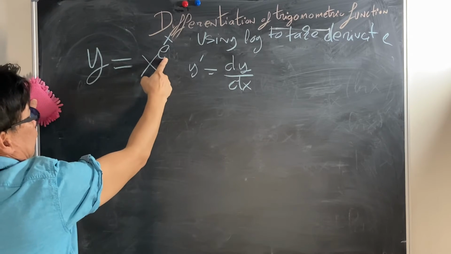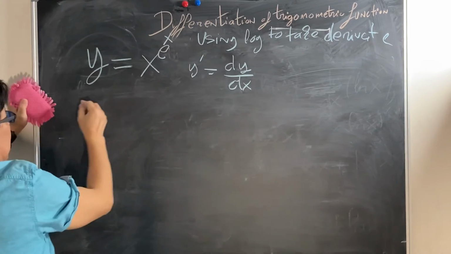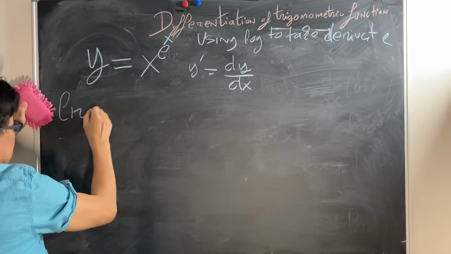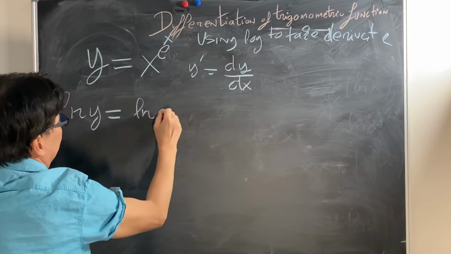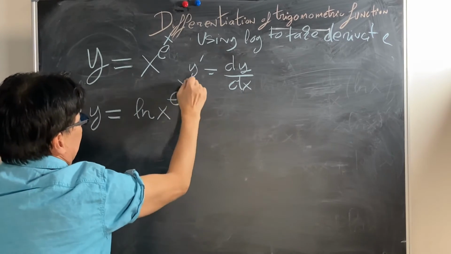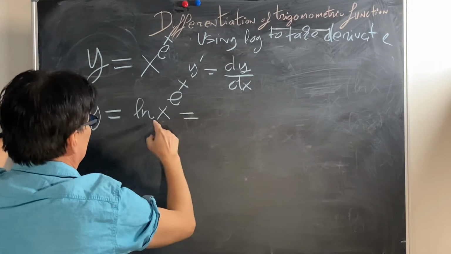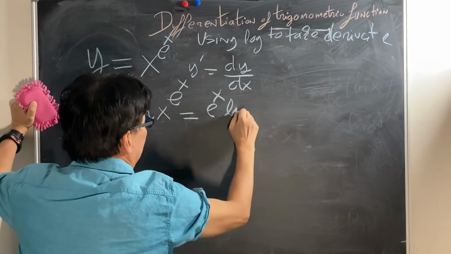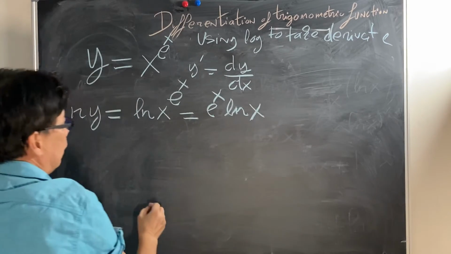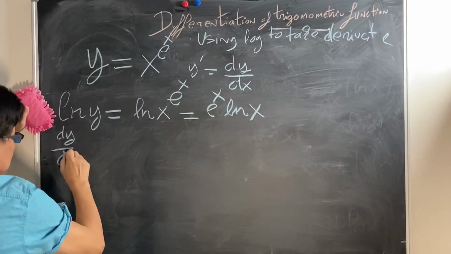Again, here you have to take down e to the power of x, so you take the natural log of both sides. Then you have ln y equals e^x ln x. Then take the derivative dy over dx of both sides.